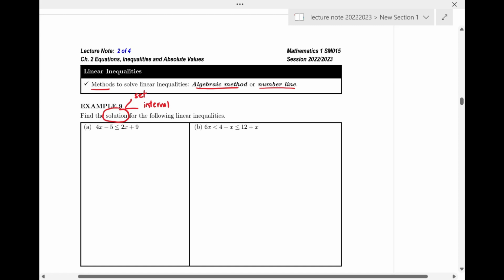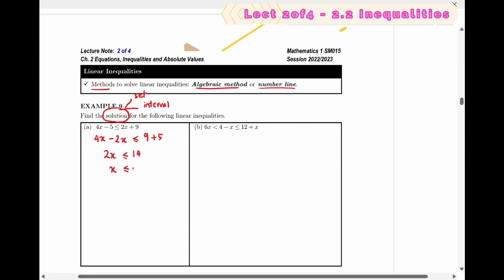We just need to gather the terms with x on one side and those without x on the other side. I put 4x minus 2x on the left, and without changing the symbol, I bring the 5 to the other side, so 9 plus 5 there. So I will have 2x less than or equal to 14.